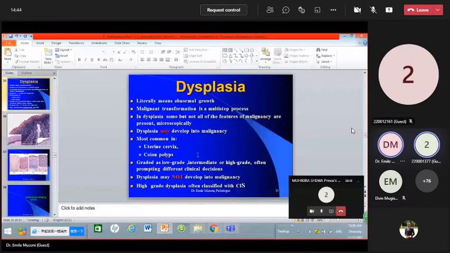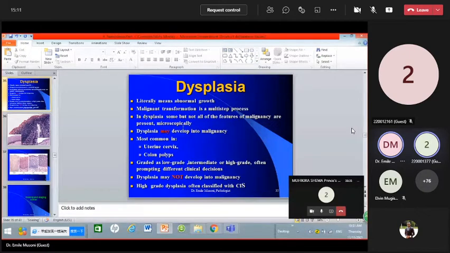Before you go to the break, there is another term called dysplasia. Dysplasia literally means abnormal growth. It is a malignant transformation, and malignant transformation is a multi-step process. In dysplasia, some, but not all, of the features of malignancy are present microscopically.